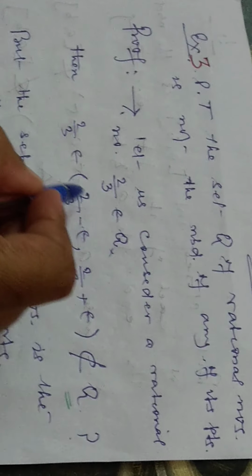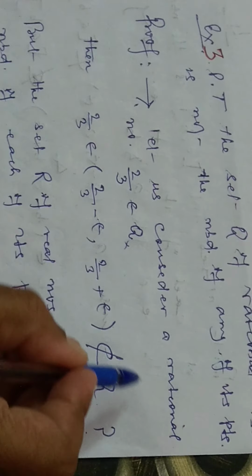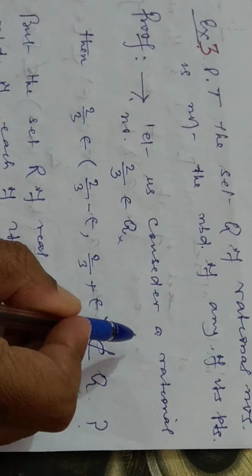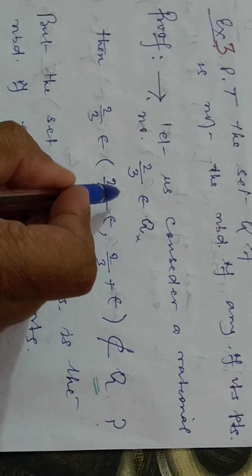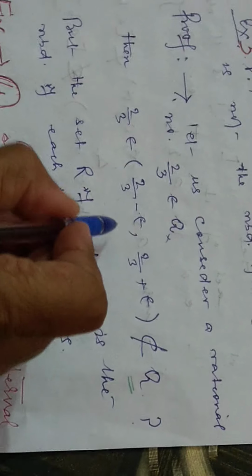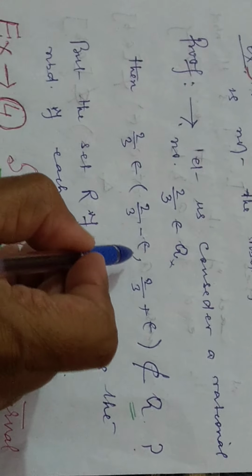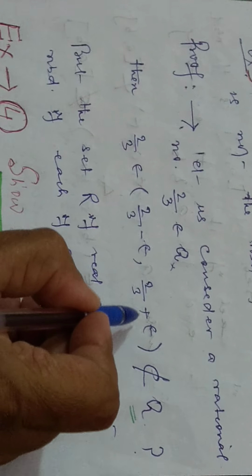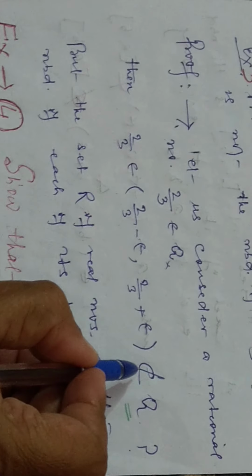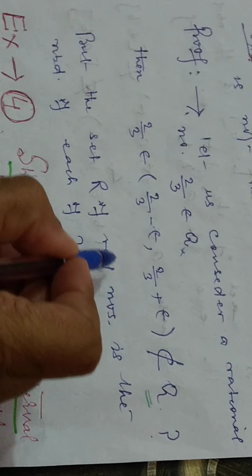For example, 2 by 3 belongs to Q, where Q is the set of rational numbers, and there exists an open interval containing 2 by 3 whose endpoints are 2 by 3 minus epsilon, 2 by 3 plus epsilon, and which is not a subset of Q.